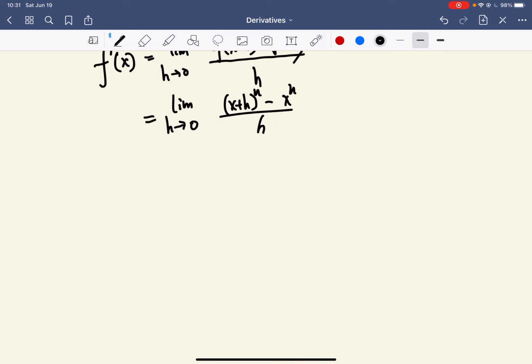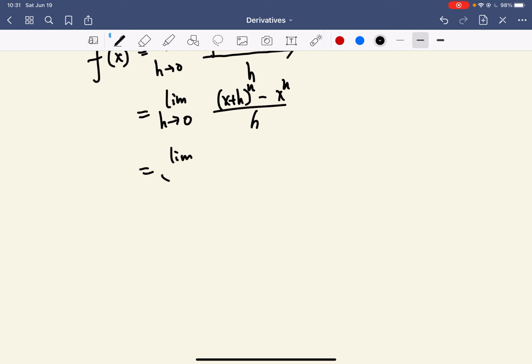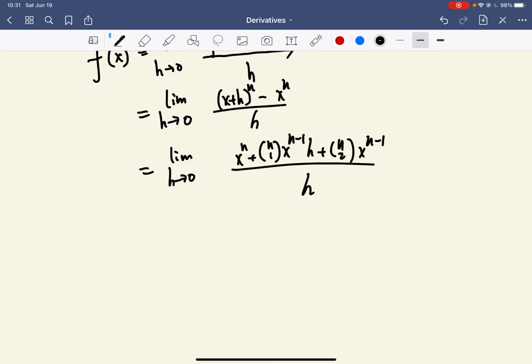And using the binomial theorem to expand this out, we have the denominator h, and the numerator we have x^n plus, wait, actually we have a coefficient over here, n choose 1, x^(n-1) h, plus n choose 2, x^(n-2) h squared, dot dot dot, plus n choose n, h^n, minus x^n.